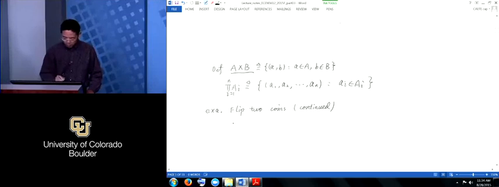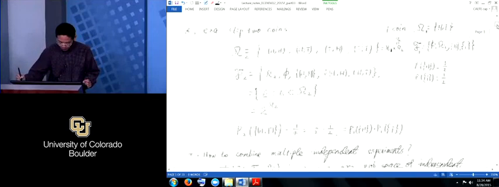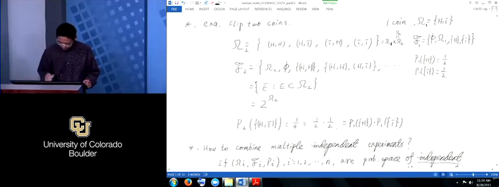Flip two coins, and so we're trying to construct this F. To make it consistent with the definition later, I'm going to use this one here.